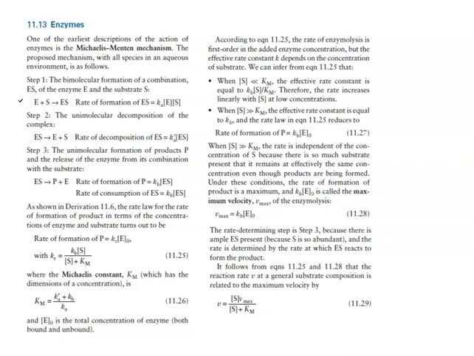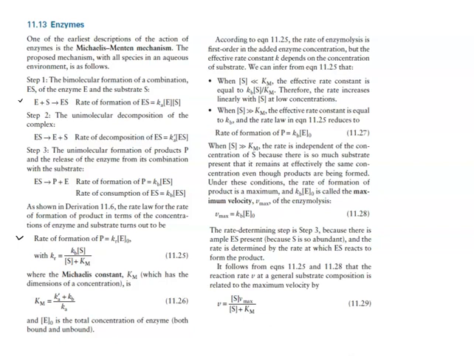As shown in Derivation 11.6 in the text, the rate law for the rate of formation of product in terms of the concentration of enzyme and substrate turns out to be the following, where the rate of formation of product equals k_r times the initial concentration of enzyme, where k_r equals k_b times the concentration of substrate over the concentration of substrate plus K_m, K_m being the Michaelis-Menten constant, which has the dimensions of a concentration.